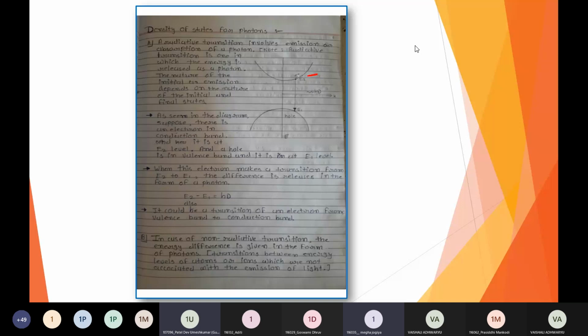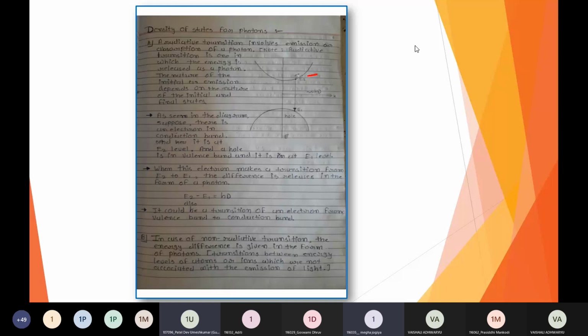So when this electron makes a transition from E2 to E1, conduction band to valence band, the difference between this E2 and E1 is equal to h nu released as a photon. So we can say that E2 minus E1 is equal to h nu.